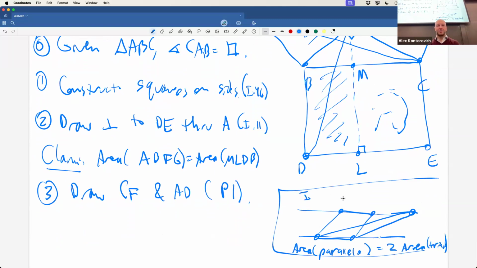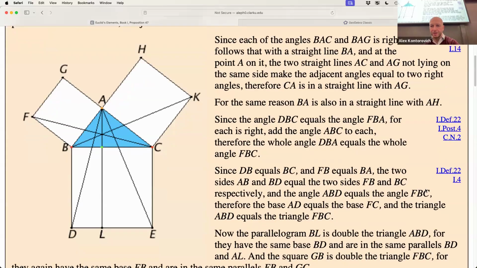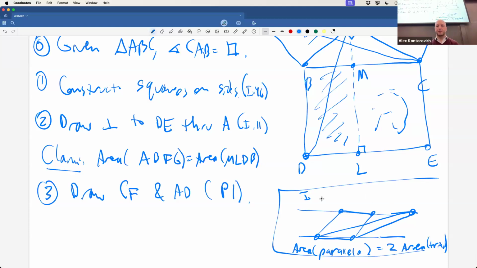This is I-41. Whenever you have a parallelogram, the area of the parallelogram is twice the area of any triangle as long as they lie between the same two parallel lines and have the same base. You trust me on that statement? We don't need to prove that statement.